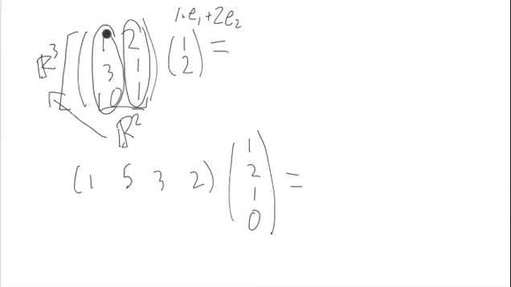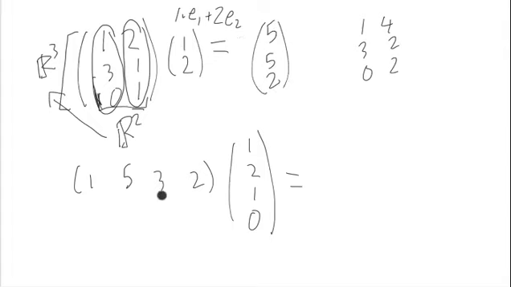So we basically have 1 times the first column plus 2 times the next column. So pretty much we can kind of think in our head, we have 1, 3, 0, and we're doubling that column right there. So 4, 2, 2, and then we just add across. So we should end up getting 5, 5, 2. So 1, 2 is sent to 5, 5, 2.